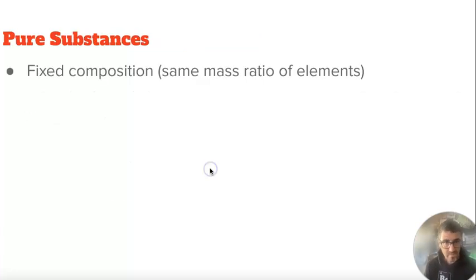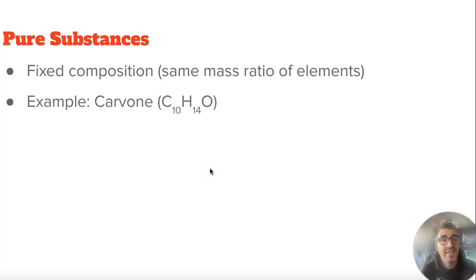Okay. All right, now, with pure substances, okay, molecules will always have the same fixed composition of elements, always. Okay? And an example is what we just saw, carvone. It will always have 10 carbons, 14 hydrogens, and 1 oxygen.